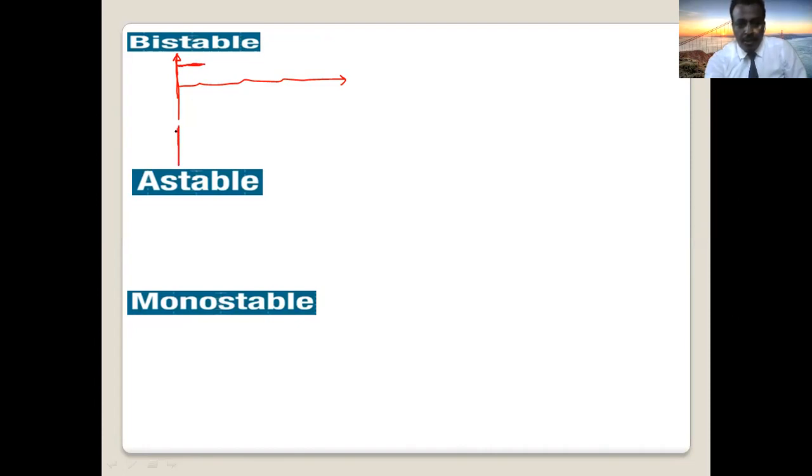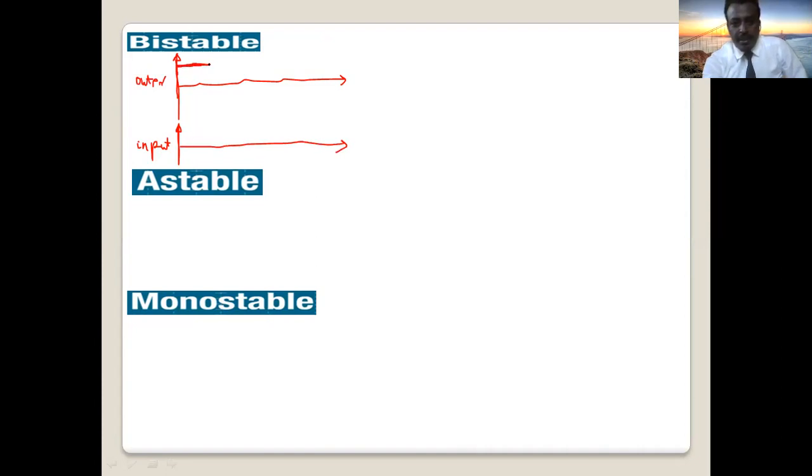Let's say we apply an input here. This is the input, and this is the output of the timer. The inputs are pin number 2 and 6, trigger and threshold. So here we are not applying any input. Without applying any input, the output remains at high state.